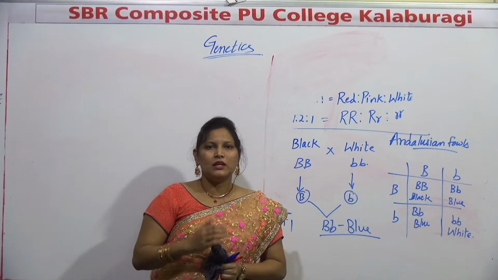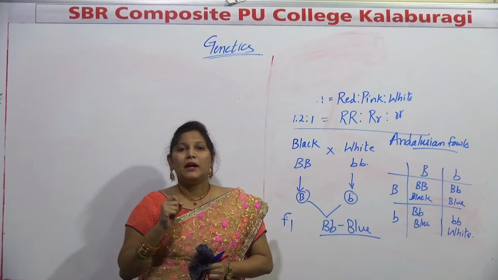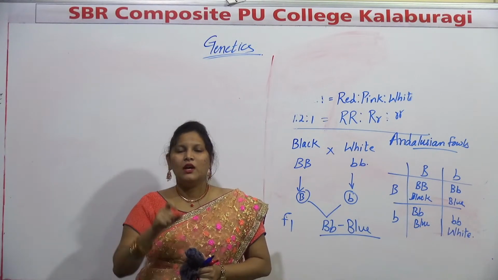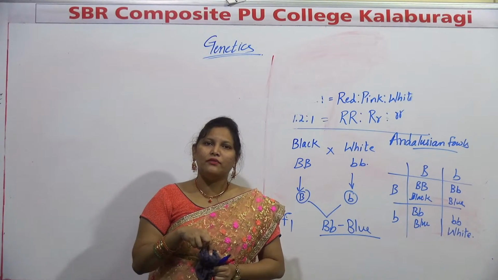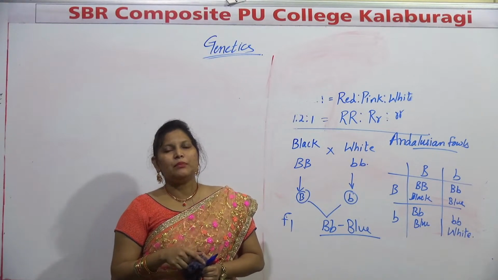Why? Because here the law of dominance has been disproved. So if Mendel had studied his experiments on Antirrhinum species, he might not have proposed this law of dominance, because the law of dominance is not obeyed in case of incomplete dominance.